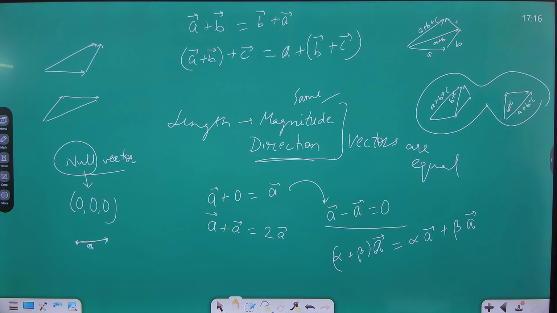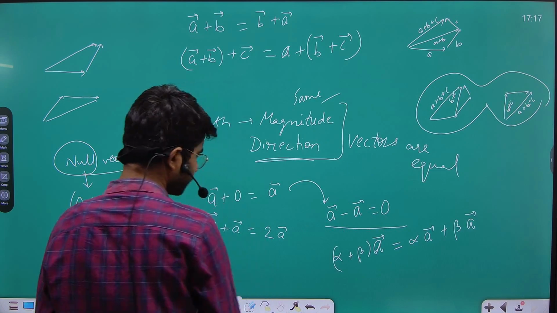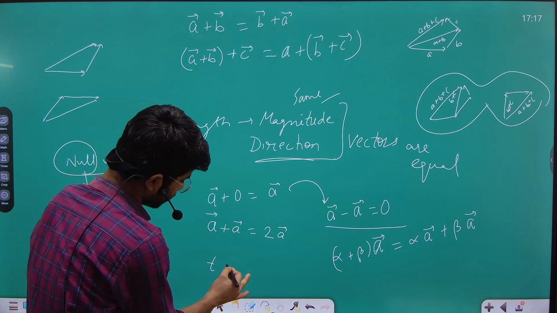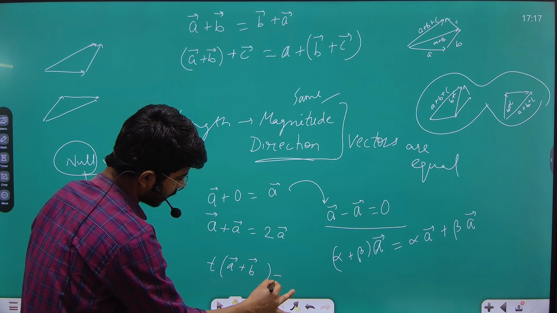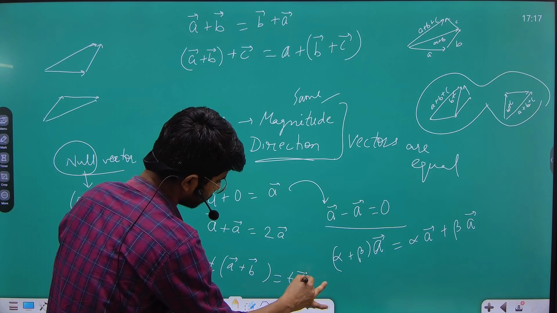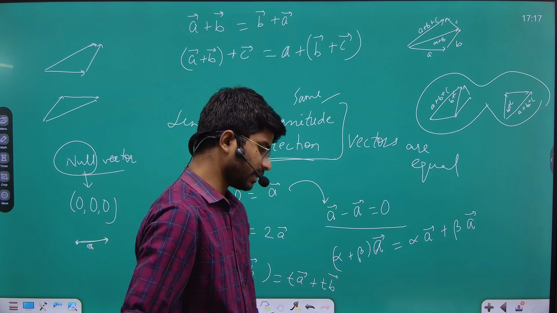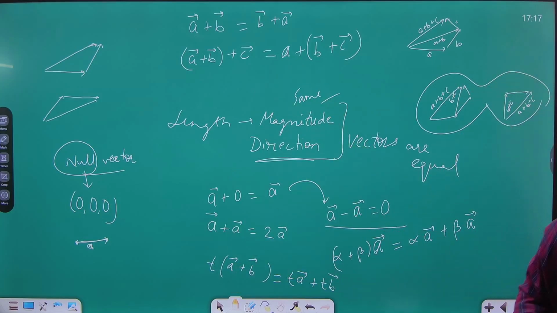Suppose a scalar is multiplied with two vectors, say your scalar is t and you have two vectors, vector A and vector B, then you can write it as t times A vector plus t times B vector. This is the example that we discussed in the Leontief model. You can try it on your own, you will get the same thing.